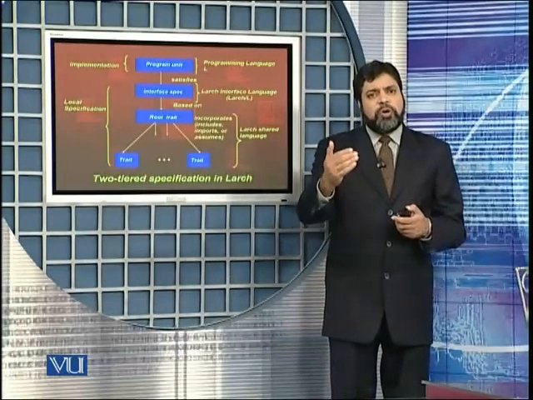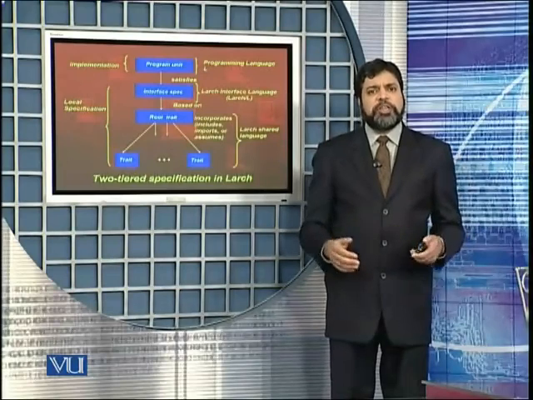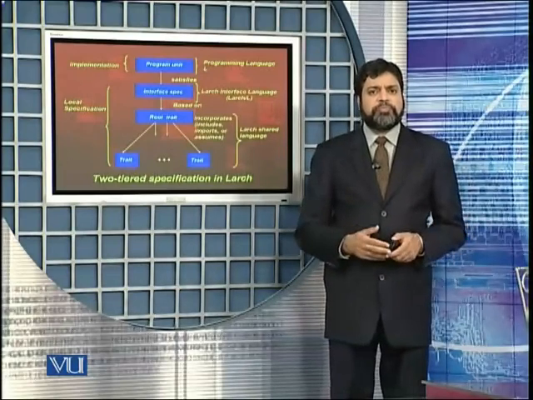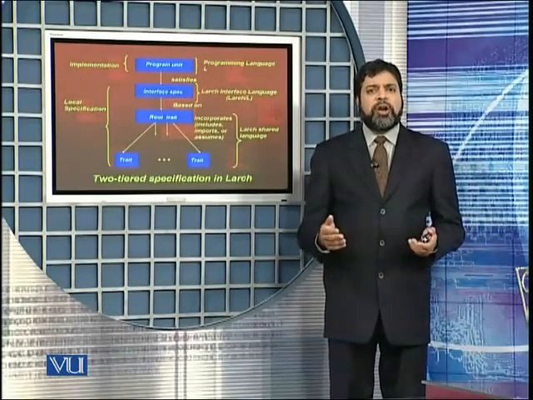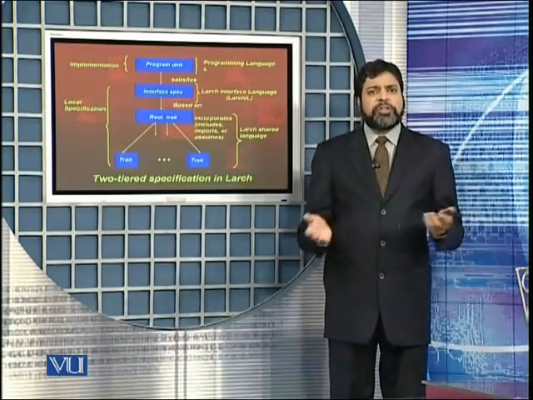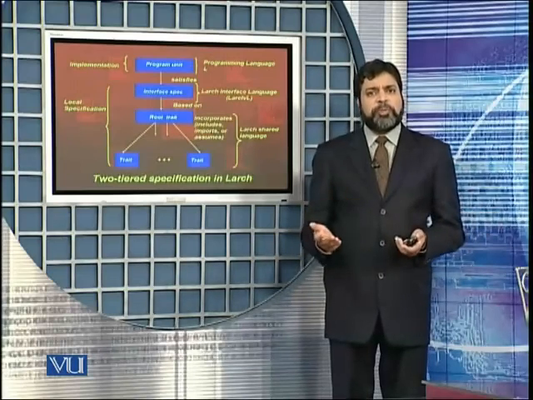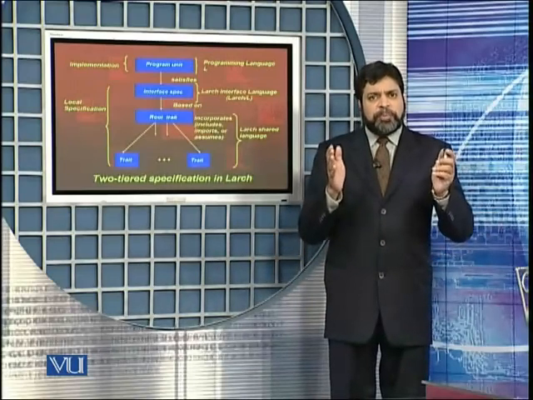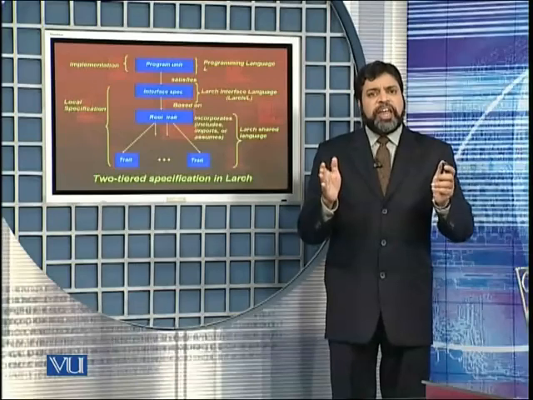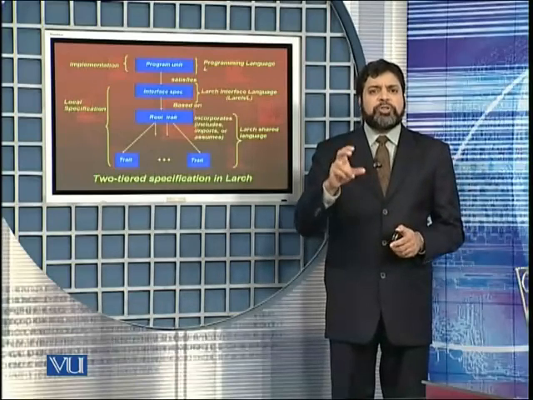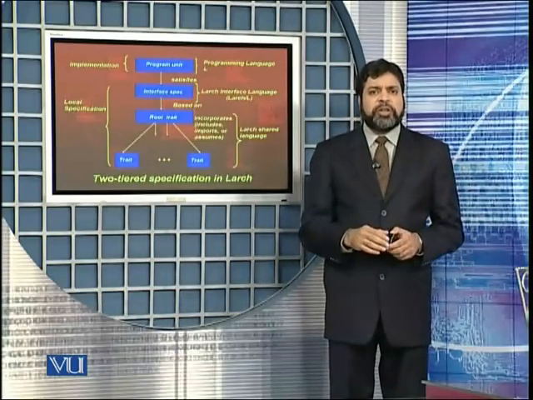But as we go to the implementation, obviously there are certain constraints. We cannot do certain things in one programming language, and we may not be able to do certain other things in some other programming language. So there are implementation constraints, and the interface language actually addresses those implementation constraints.